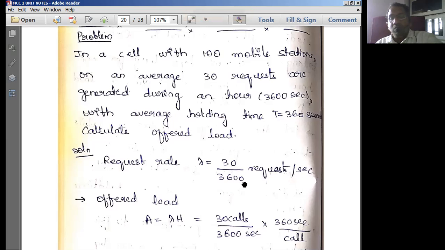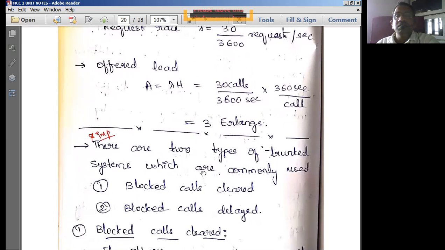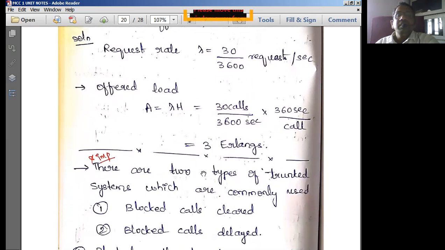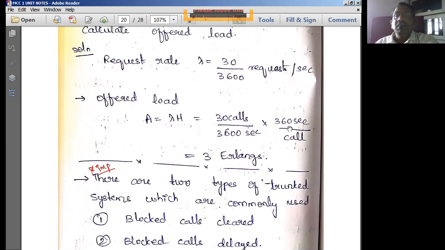Now, offered load: what is the load offered for this? The load offered is simply A = λh. Lambda is 30 calls requested in 3600 seconds, into h. What is h? It is the holding time per call. 360 seconds have been utilized for a single call.